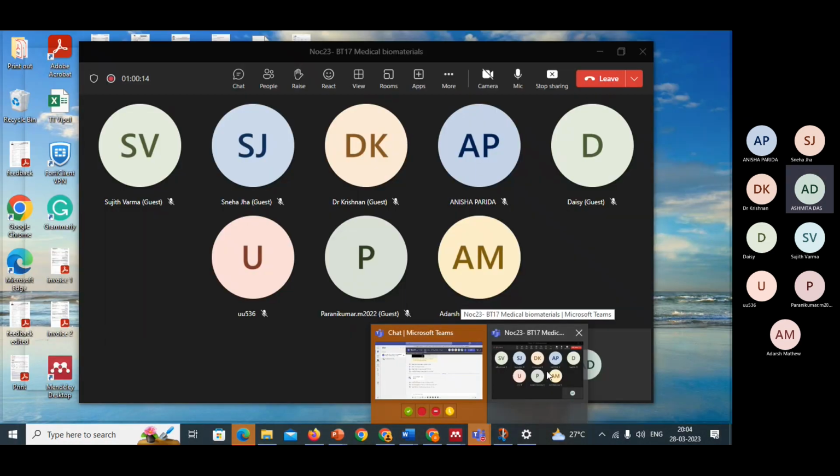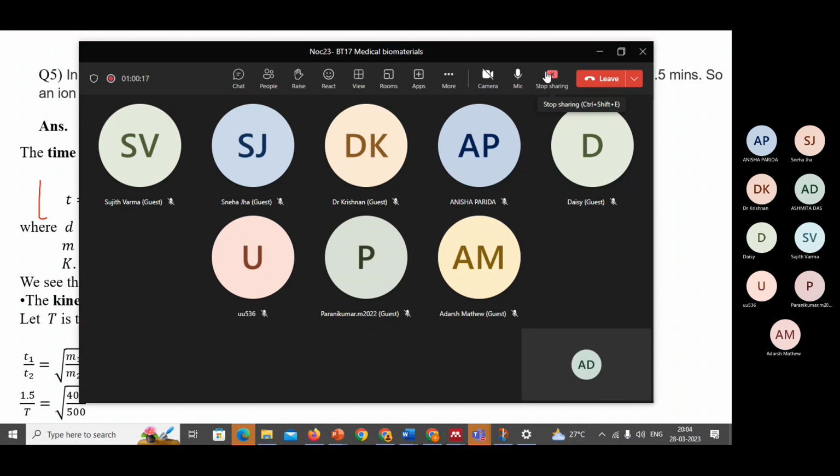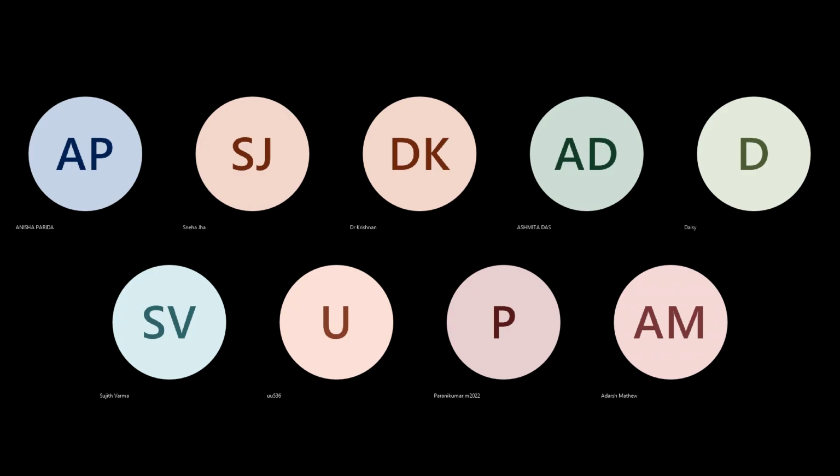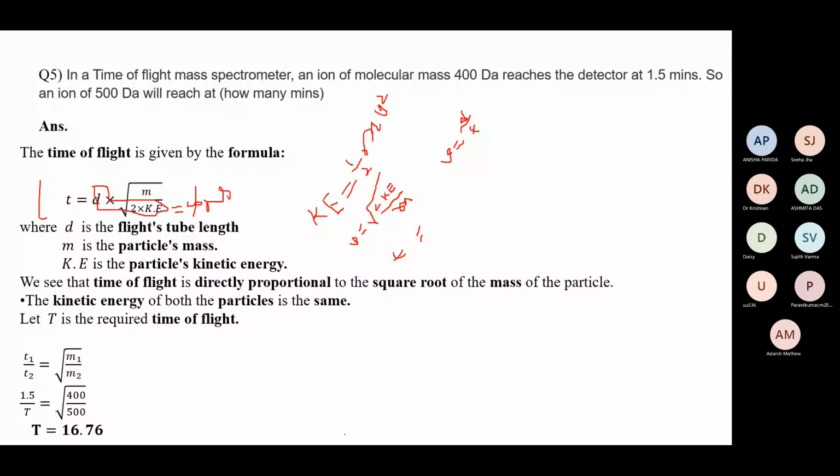So please calculate and tell me the correct answer. Okay, so what is the correct answer? The correct answer comes around 16.76. Sorry, not 16.76.